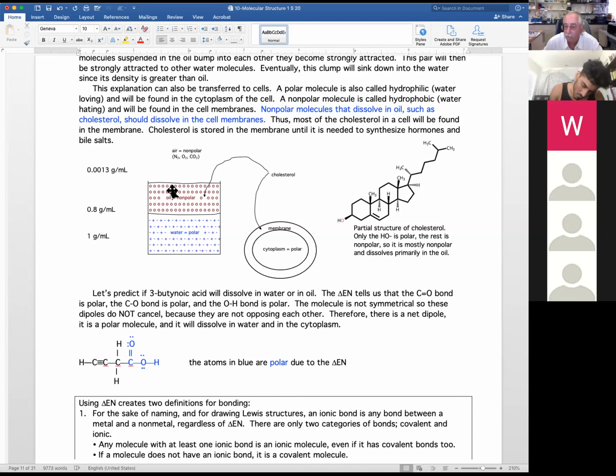Their magnets are going to be attracted to each other. And after you get a certain number of water molecules sticking to each other, then the physical properties take over. The density of water is less than the density of oil. So that little water droplet that's formed inside the oil is going to sink down over here and join up with the rest of the magnets.